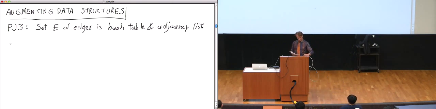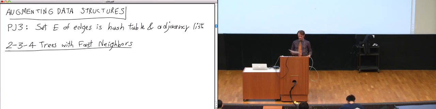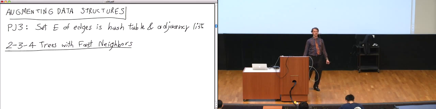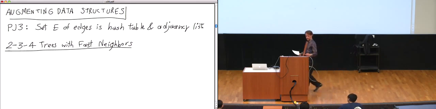Another example of doing the same thing is suppose I want to have 2, 3, 4 trees with one additional superpower, the ability to find the neighbors of a key that's in the tree really fast. And just to keep this example simple, let's assume that there are no duplicate keys in the tree.